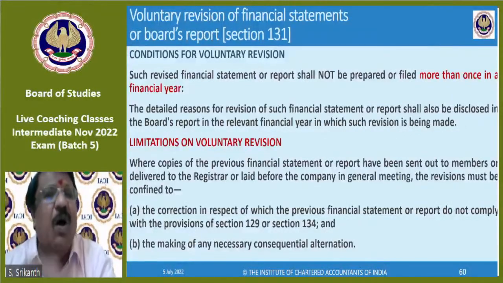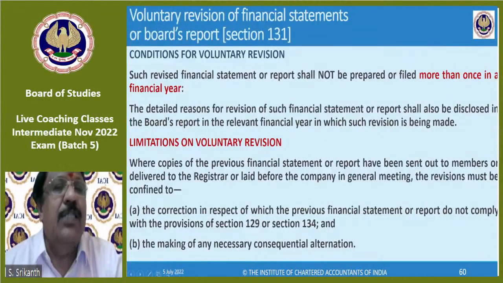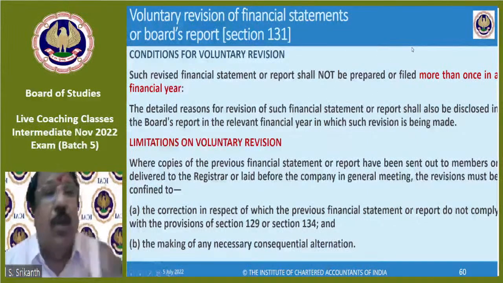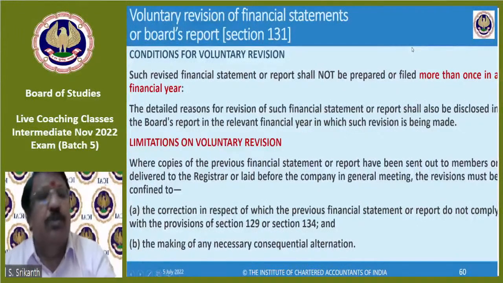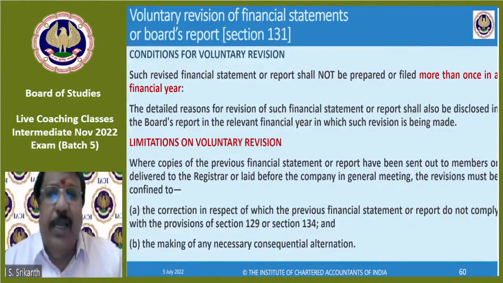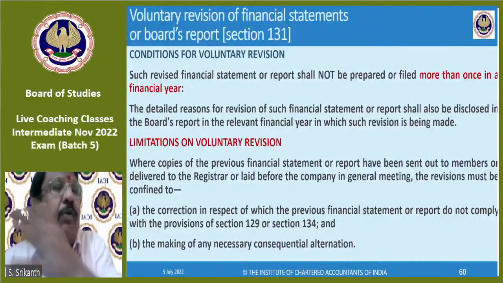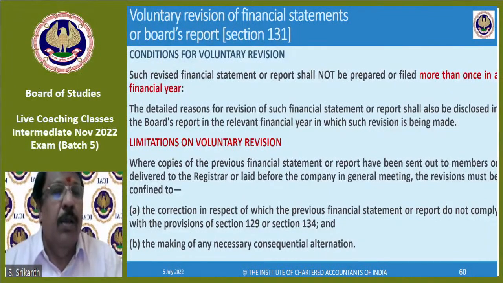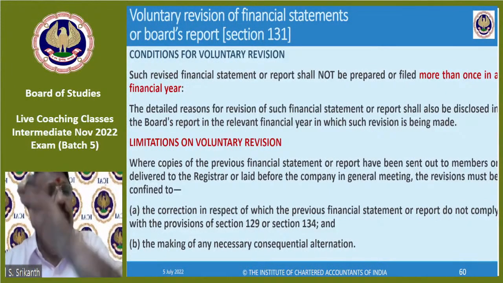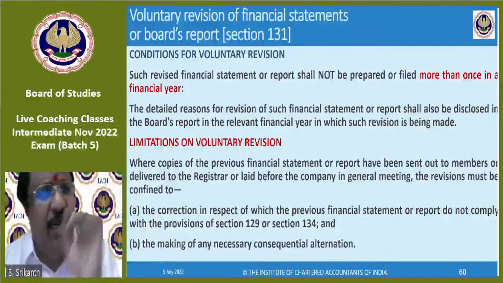Now, my question was, here they are saying, such revised financial statement or report shall not be prepared or filed more than once in a financial year. So, this is one financial year, 22-23. Now, let us say there is an error, specifically in 20-21.